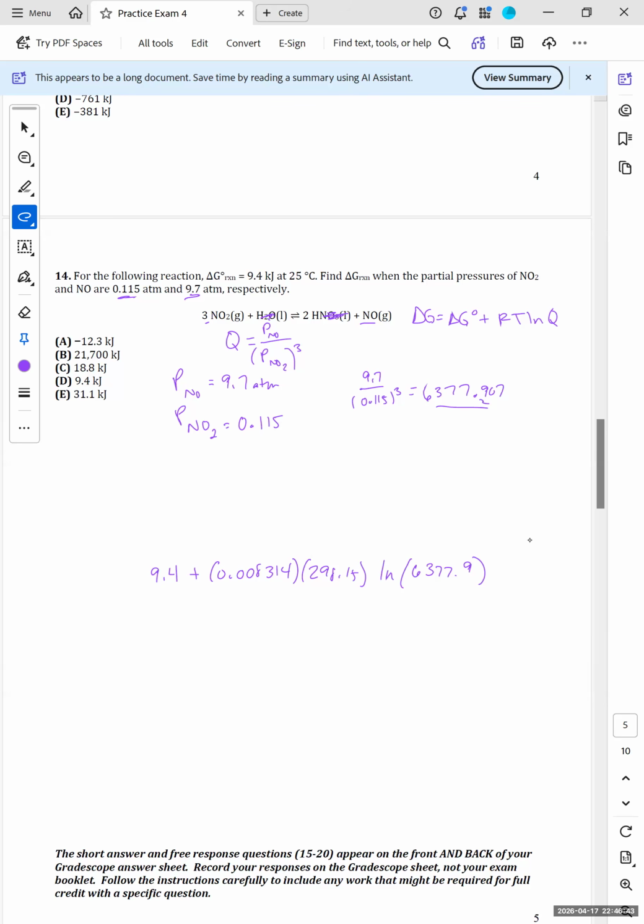See, natural log 8.7605. So I got 9.4 plus 2.478 times 8.7605. Continuing on, and that would equal delta G should be 31.1 kilojoules. Ah, answer is E.